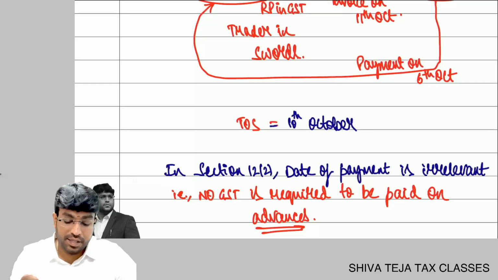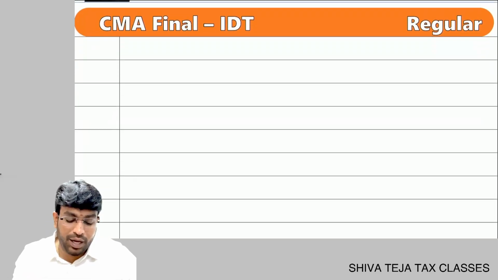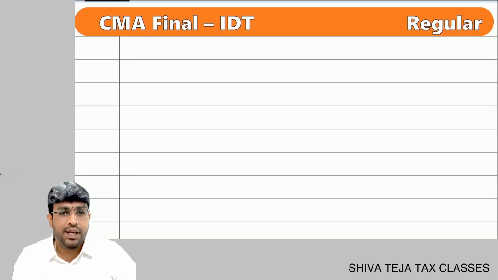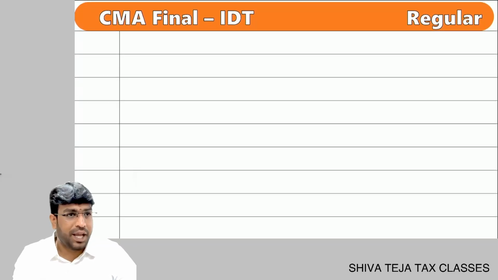Done? That's it. That's the end of the points of section 12.2. What is 12(1), my dear friends? Liability to pay tax shall be as per time of supply. 12(2) is the general rule.